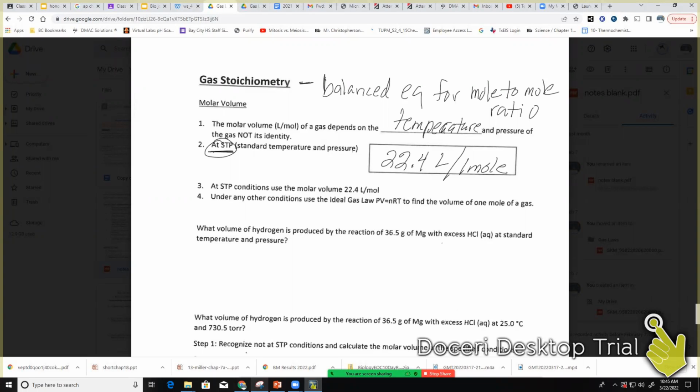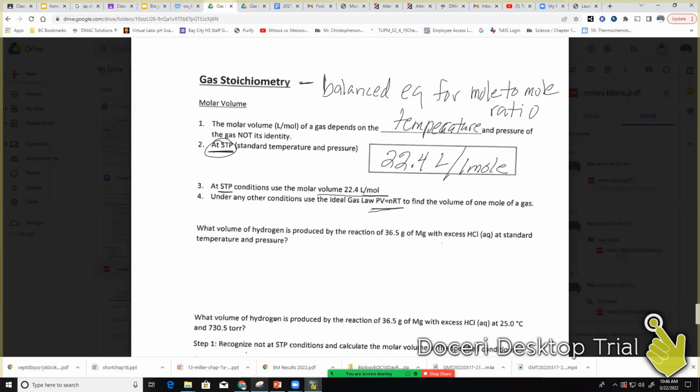So if it says the gas is at STP, or standard temperature and pressure, then you're probably going to be able to use this conversion factor. Under any other conditions, the ideal gas law, PV equals nRT, is going to be the connection that you're going to need to make between the stoichiometry and your moles of your gas.